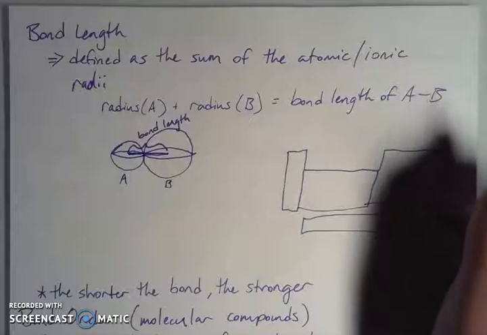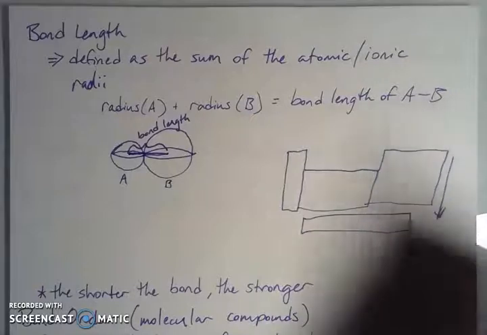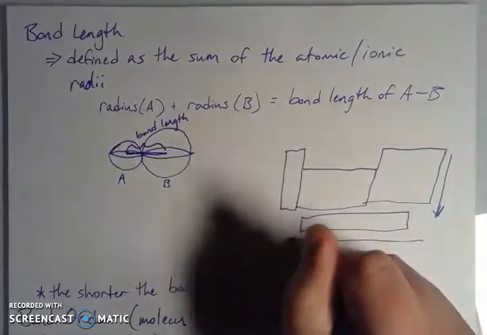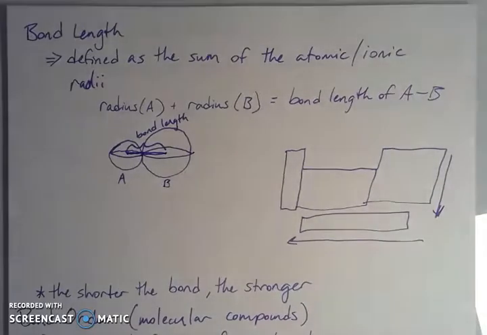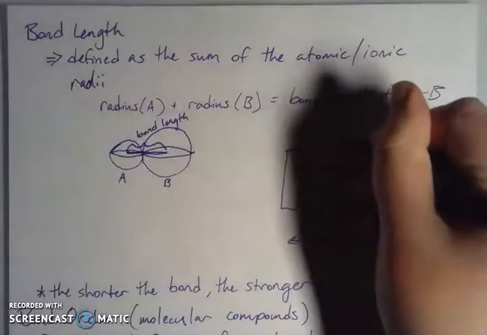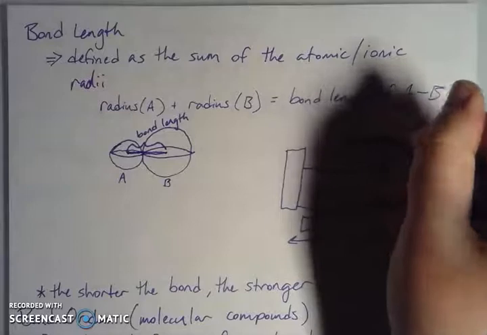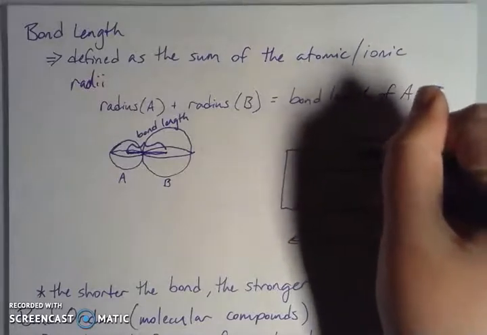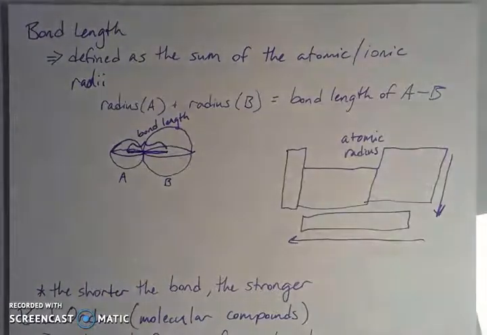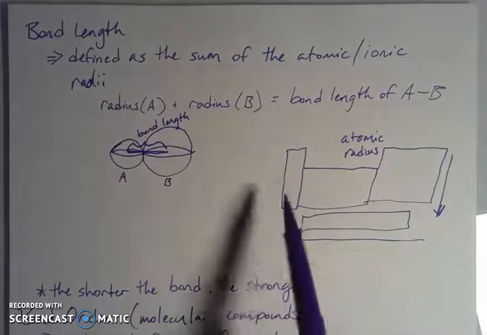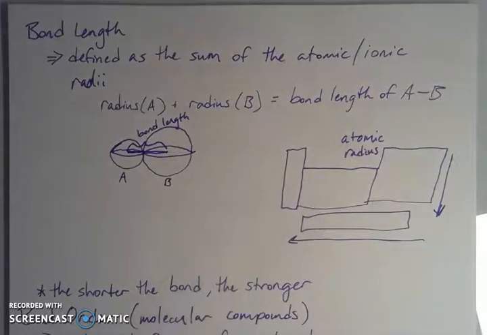Now, in general, atomic radius increases going down the columns, down the groups. In terms of periodic trends, it increases going down and it increases going from right to left. So our largest atomic radii are over here.